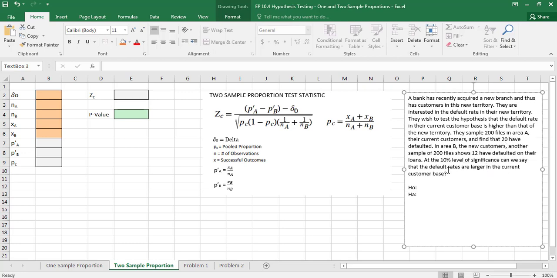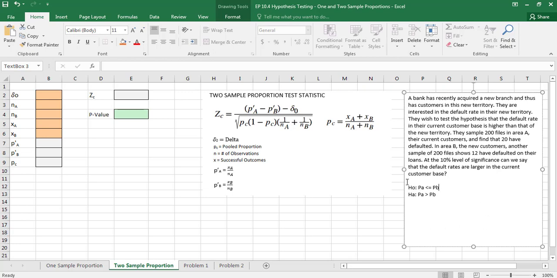Now the current customer base was area A. This statement is going to correspond to the alternative hypothesis, and that would be equivalent to P sub A, the proportion of A, is greater than the proportion of area B. So the proportion in the current area of defaults is greater than the proportion in the new territory, which means that our null hypothesis must be opposite to that: P sub A is less than or equal to P sub B.